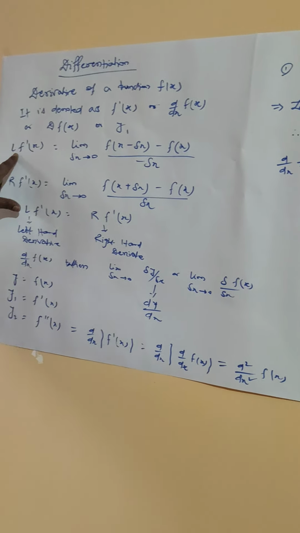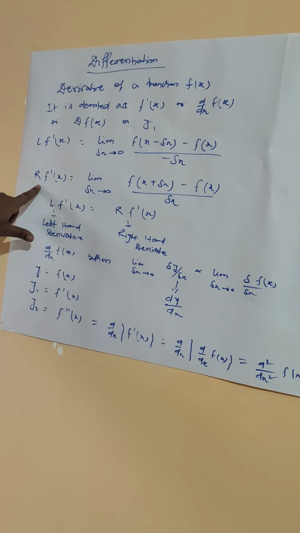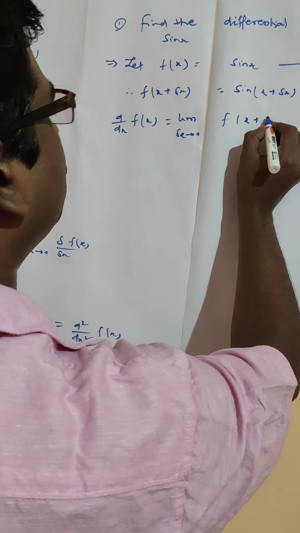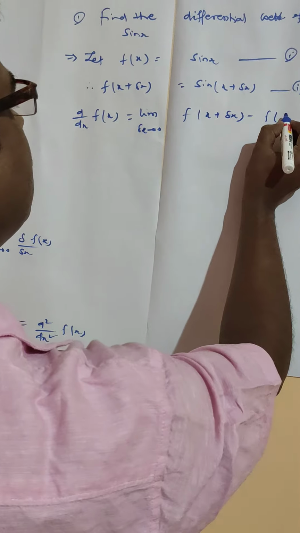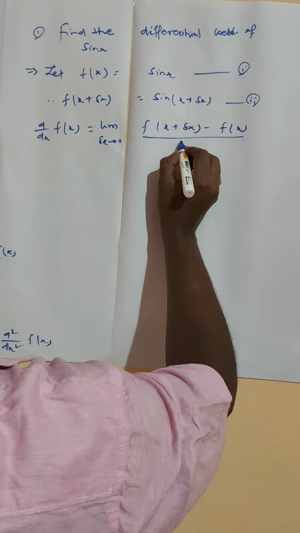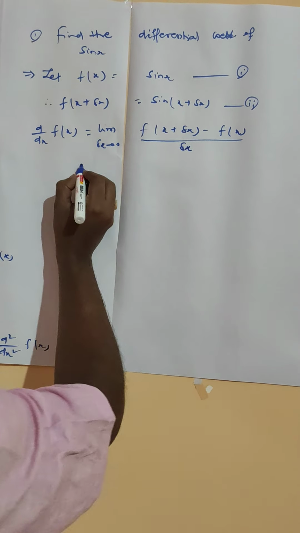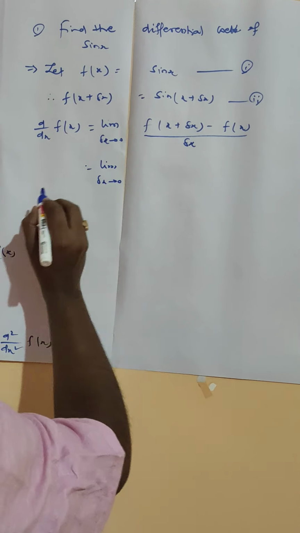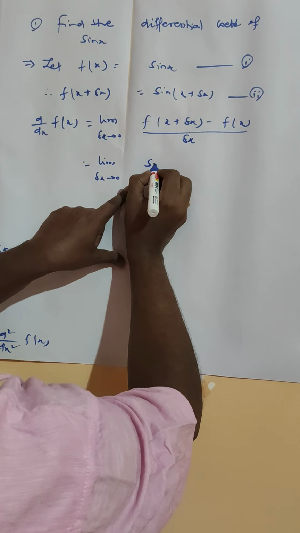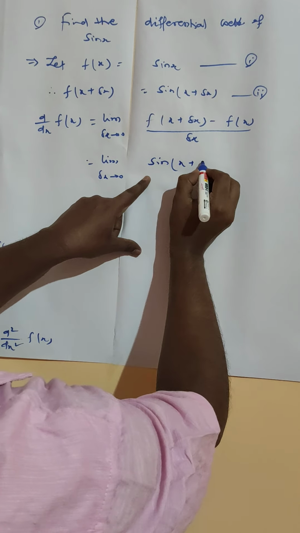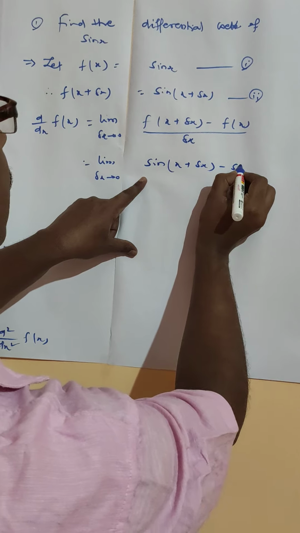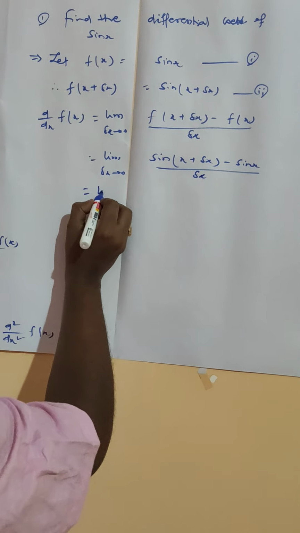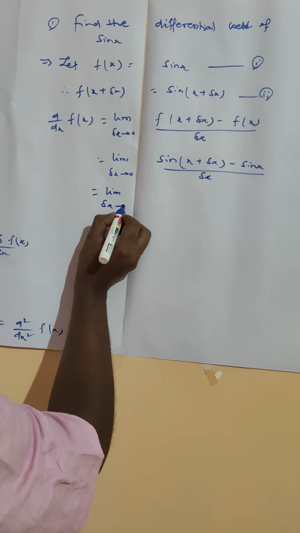We can write the left hand derivative or right hand derivative: f of x plus delta x minus f of x divided by delta x, limit delta x tends to 0, which gives sin of x plus delta x minus sin x by delta x, limit delta x tends to 0.